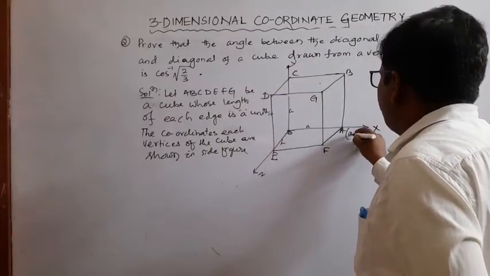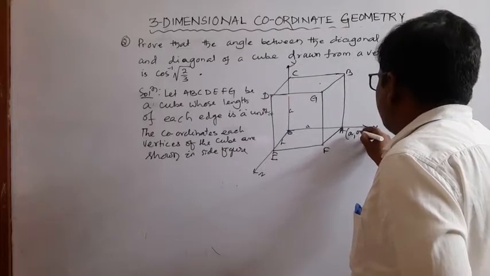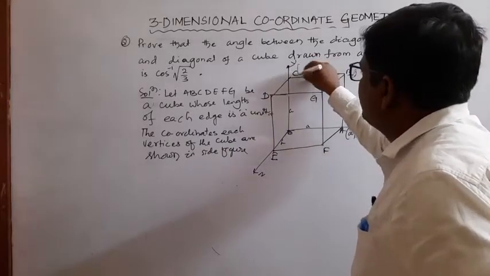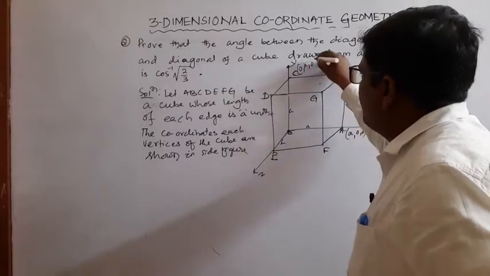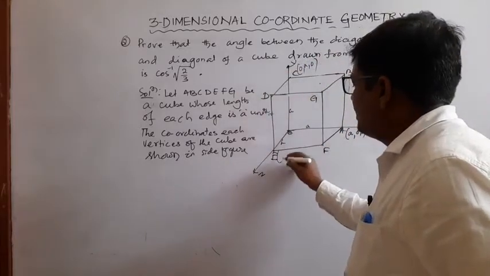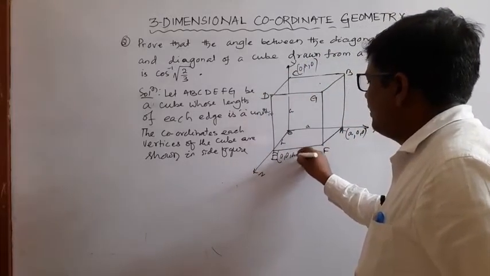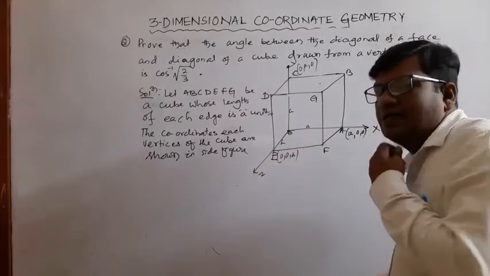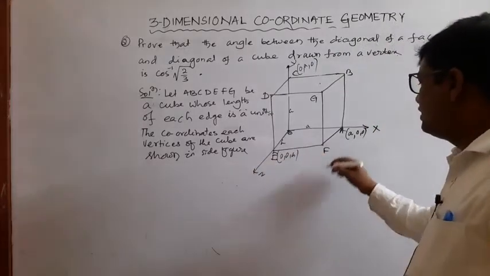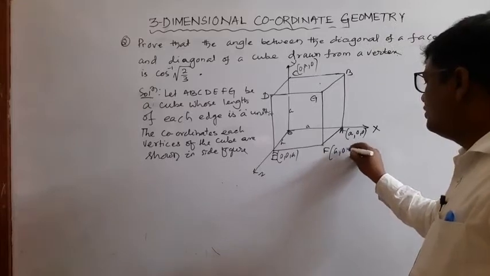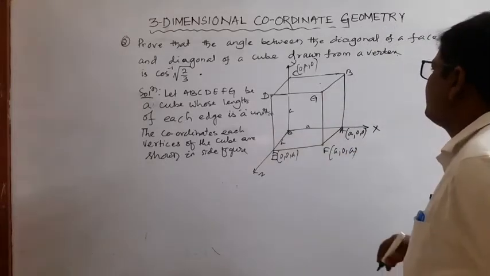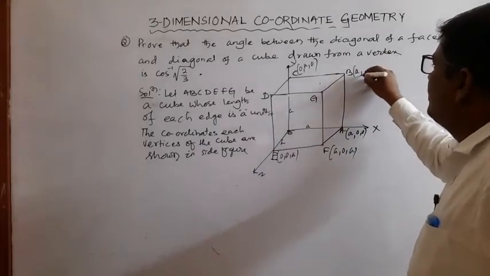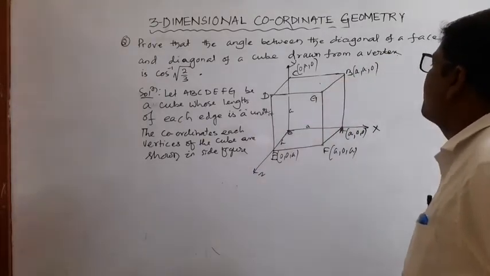So the coordinate of A is (A, 0, 0). The coordinate of C is on the y-axis, so (0, A, 0), and the coordinate of E is on the z-axis, that is (0, 0, A). F lies on what? The XZ plane, so (A, 0, A). B lies in what? The XY plane, so (A, A, 0).